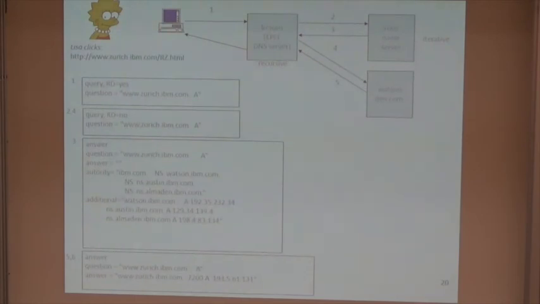So if someone else comes with another question that has to do with IBM, then we can skip this phase. And if it's exactly the same name to be resolved, we can even have an immediate response. And even sometimes in the machine, most processes will keep a cache of all the queries that were sent previously. So your web browser, until you kill it, will not resend queries again.